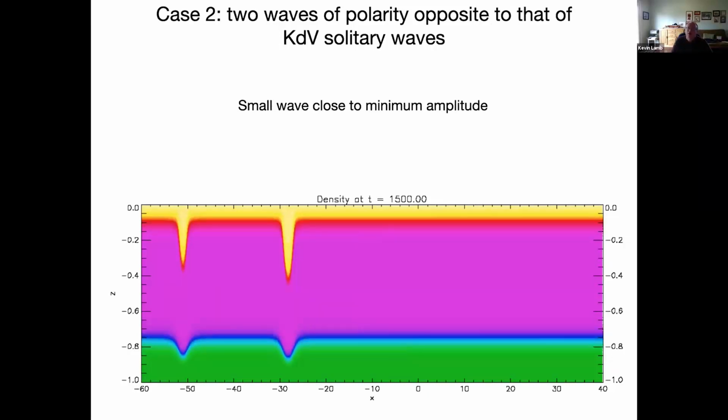Now here are two waves of polarity opposite to that of the KdV solitary waves. So I've got a small wave, and this is very close to the minimum amplitude. And then a larger wave, which propagates faster. So this one is going to catch up to this one.